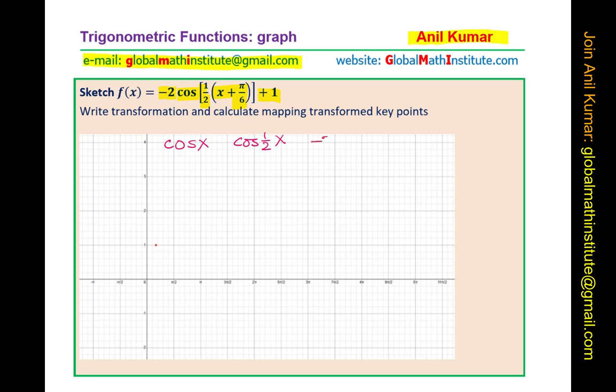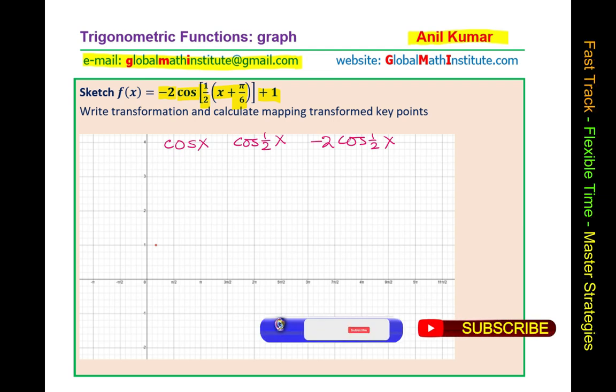So then it will be minus 2 cos of half x. And after this, we are going to add up the translations. One translation is towards the left, which is by pi by 6, and the other one is moving up by 1, right?